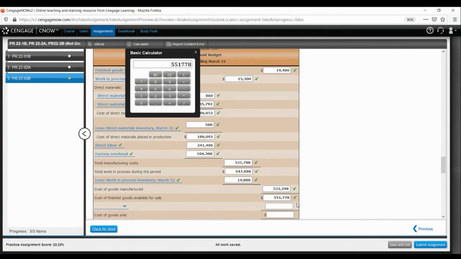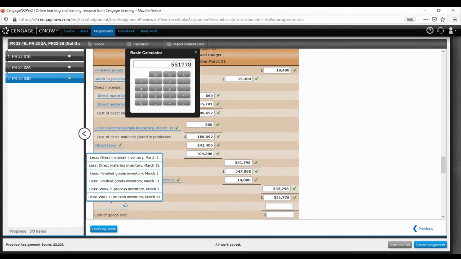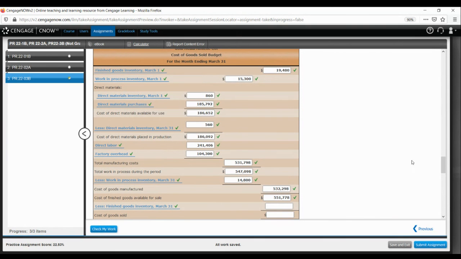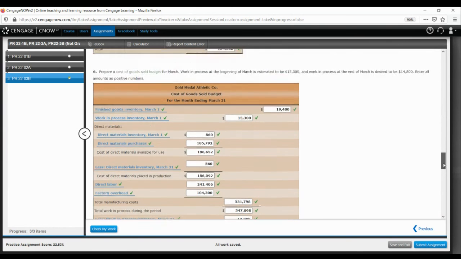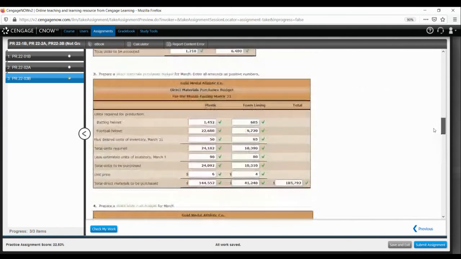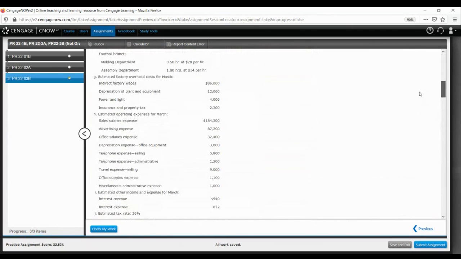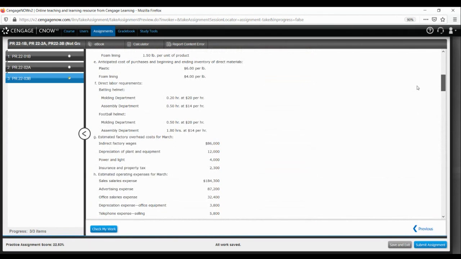Once you know what your finished goods available for sale are, you're going to need to subtract out your finished goods ending inventory. And you're going to have to figure the finished goods ending inventory from what they've given you in your additional information at the top of the page.